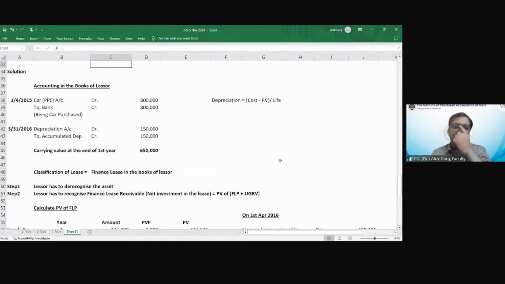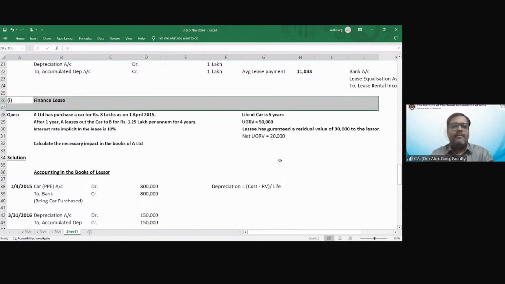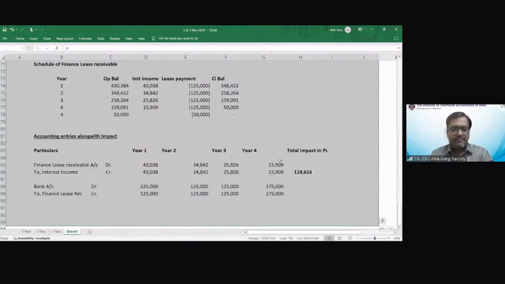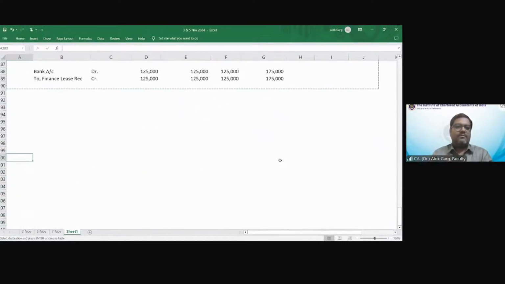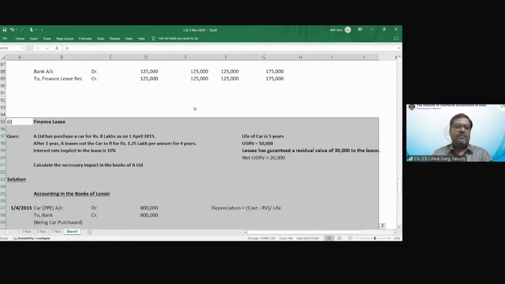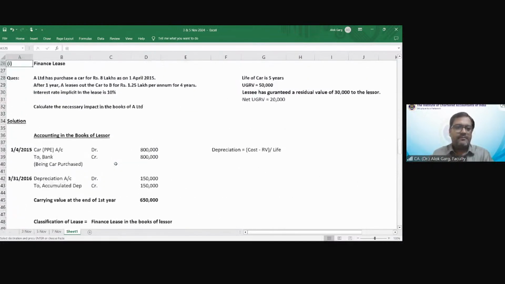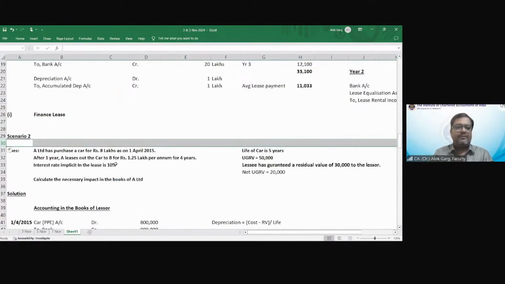So let me flip this question. Let me copy paste this entire question. Finance lease, scenario 1, scenario 2.